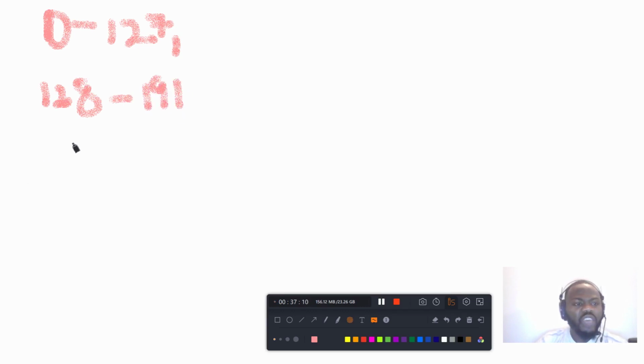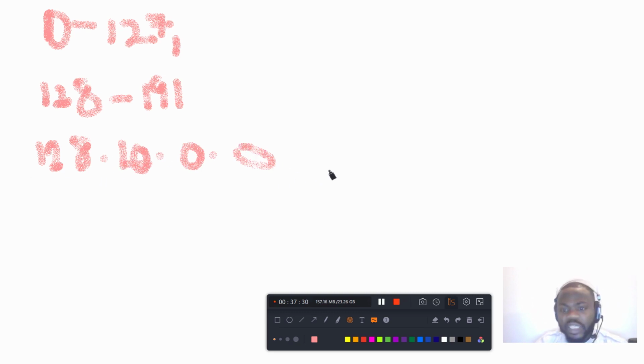And this means that if you are given any IP address starting with 128 dot anything, let's say 128 dot 10 dot anything dot anything, without any slash notation, checking it, this is class B, isn't it? It's class B range. And since this is class B range, we know that this is a class B address. You are checking the first one, okay?